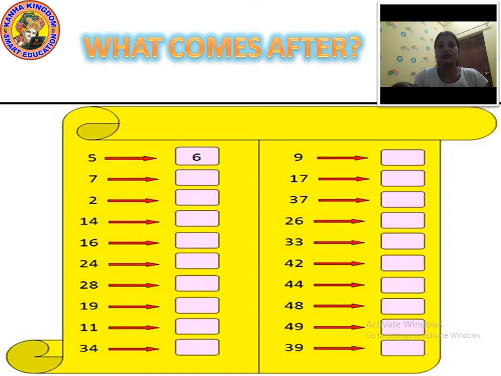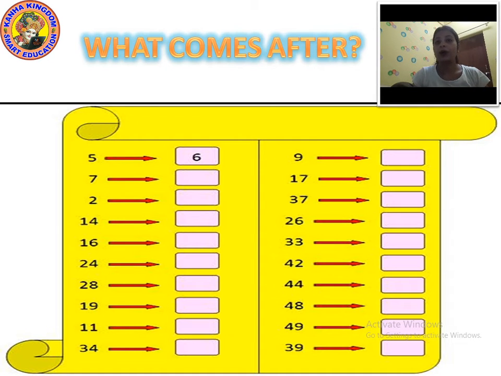See in this picture, look at this picture. There are some numbers given. Now what we have to do, we have to search what comes after these numbers, and how can we find.